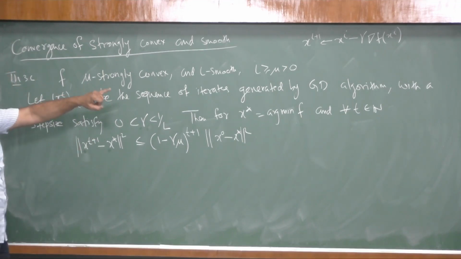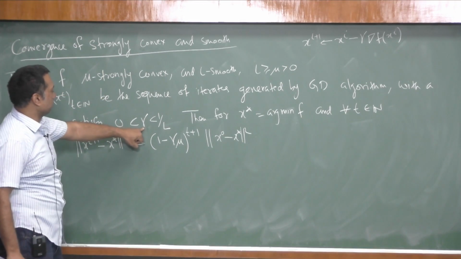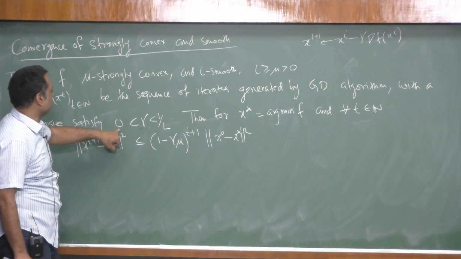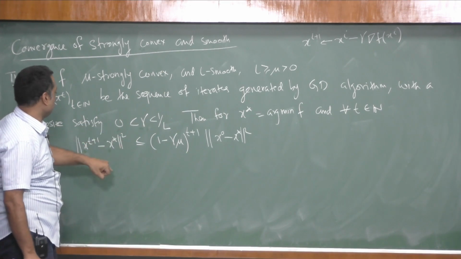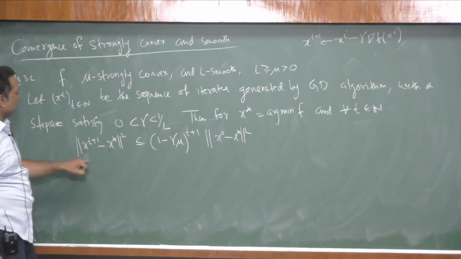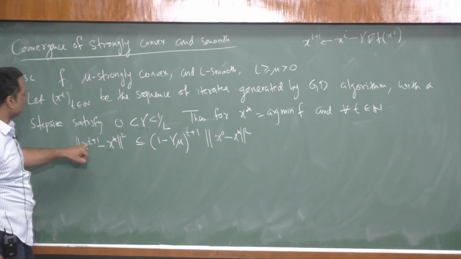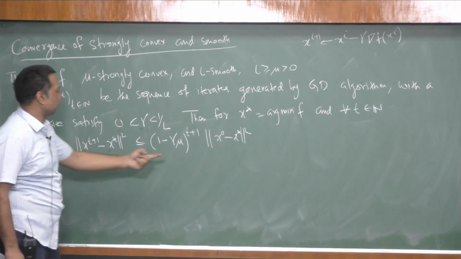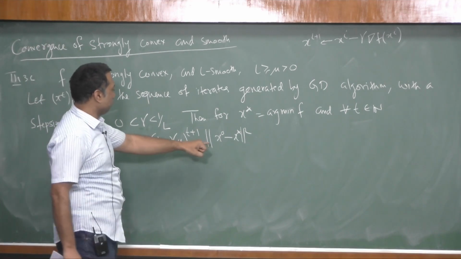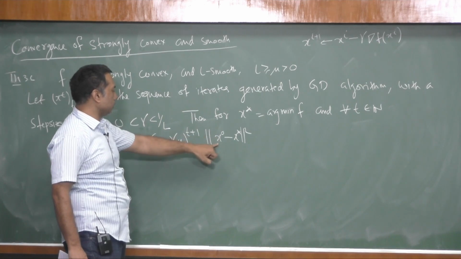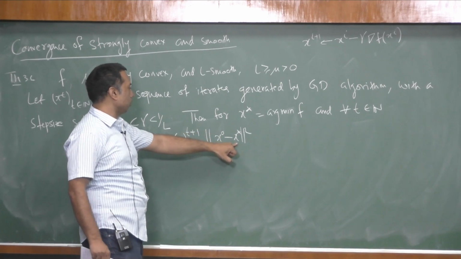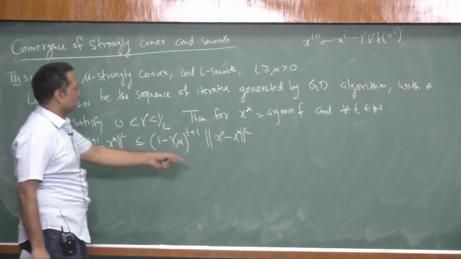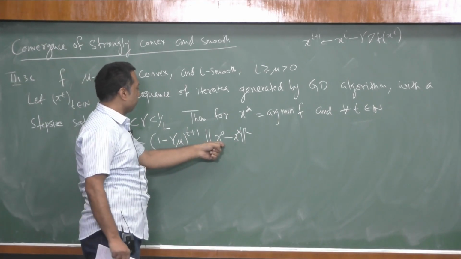So if the gamma that you choose is between 0 and 1 by L, the Lipschitz constant, then the solutions as t increases are bounded by this. x0 is known because this is your initial solution. x star is also known, some point where the optimum is achieved. So both are some constant.